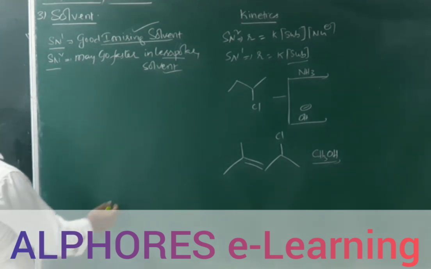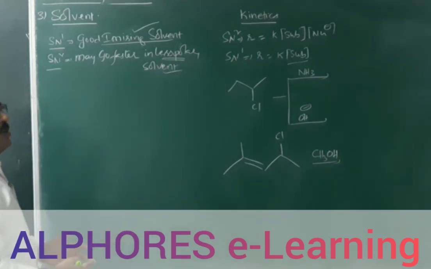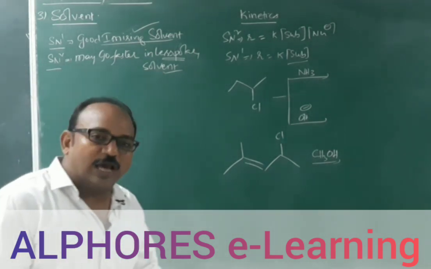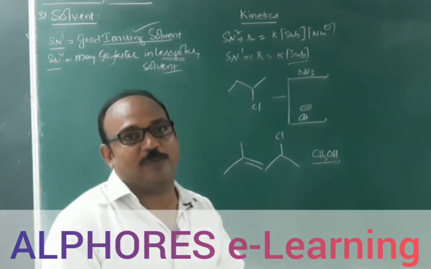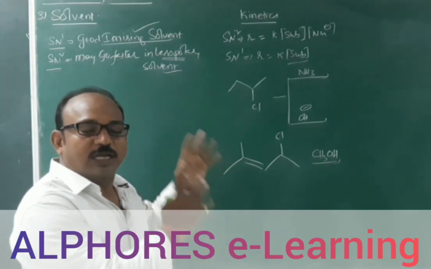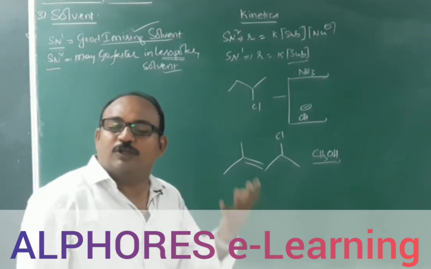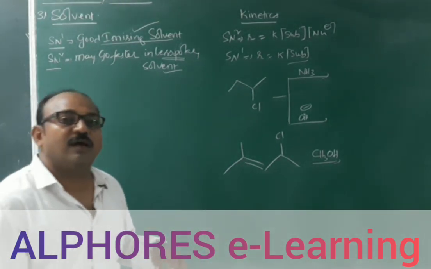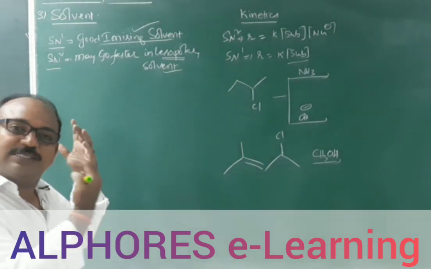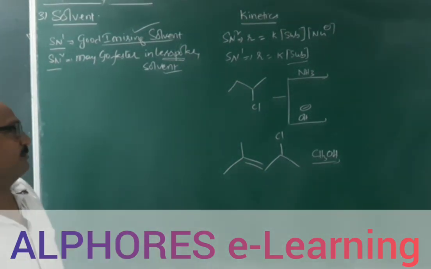Now, sir, what happens if we use more polar solvents in SN2? My answer is that the solvent can influence the nucleophilicity of the nucleophile. How does the solvent influence the nucleophilicity of the nucleophile?